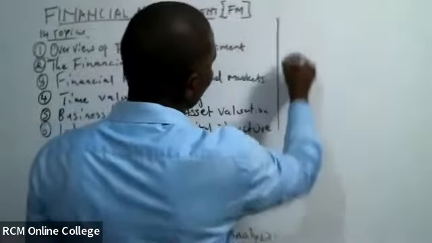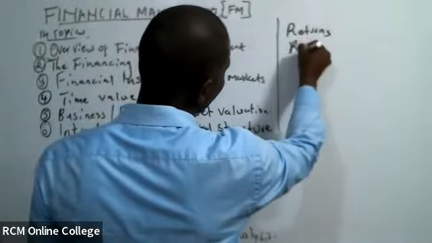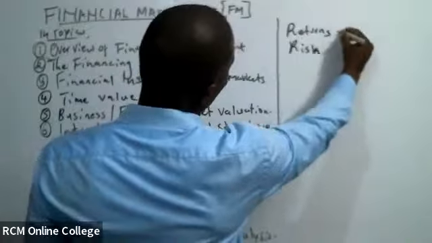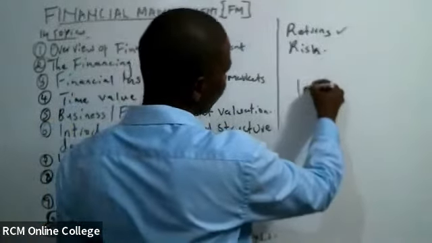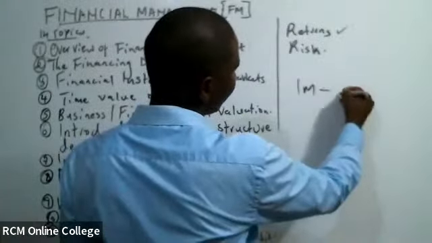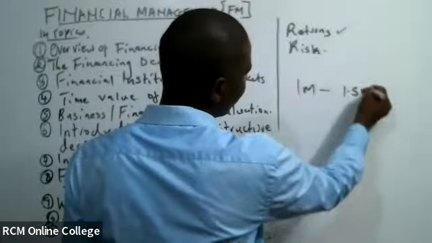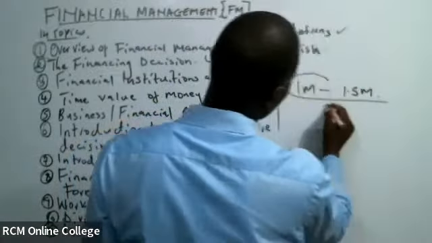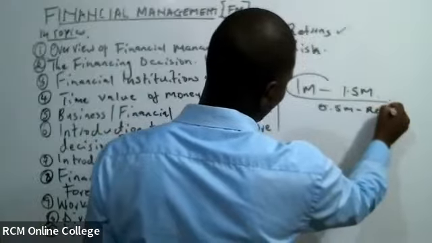So you find that we have the returns and risk. So your expectation, if you invest 1 million today, you expect after some time, you get maybe 1.5 million. Now the return is 0.5 million. That is the return.